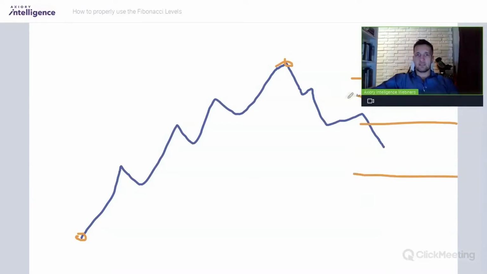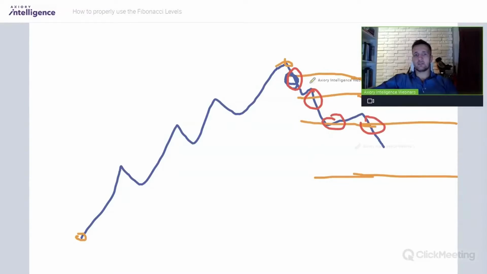And then you put those lines, and none of them work precisely. Like here, there is no reaction. Okay, let me change the color. Here there is no reaction. Here, there is no reaction whatsoever.